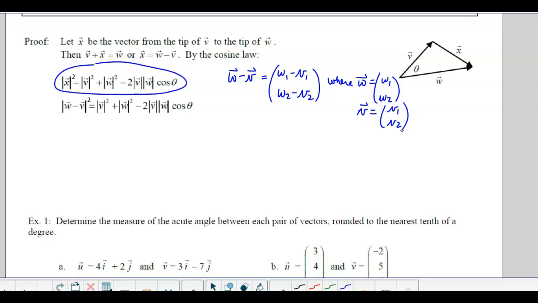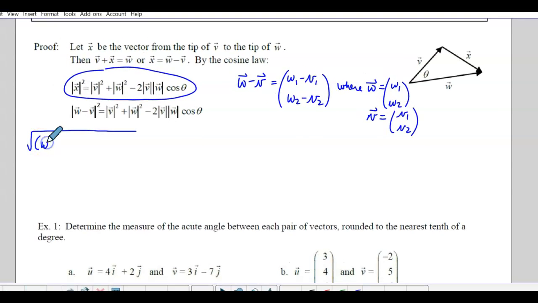So on the left, magnitude of that. I didn't leave a huge amount of space, so try to write a little bit small.